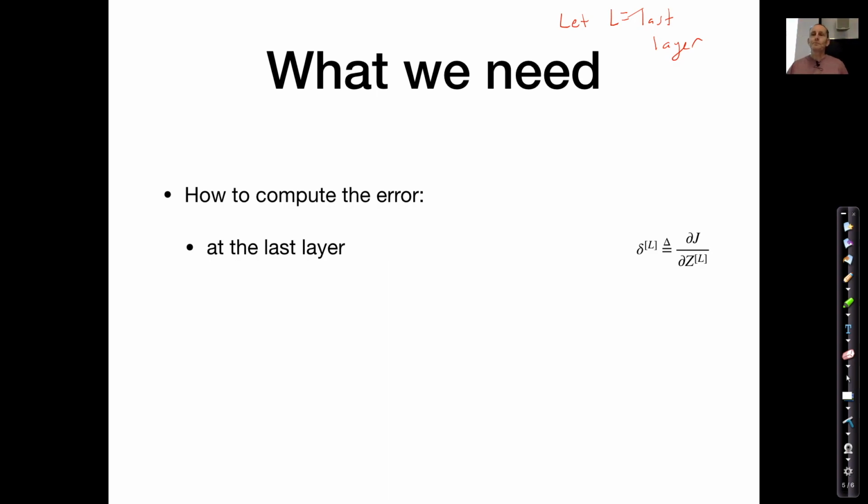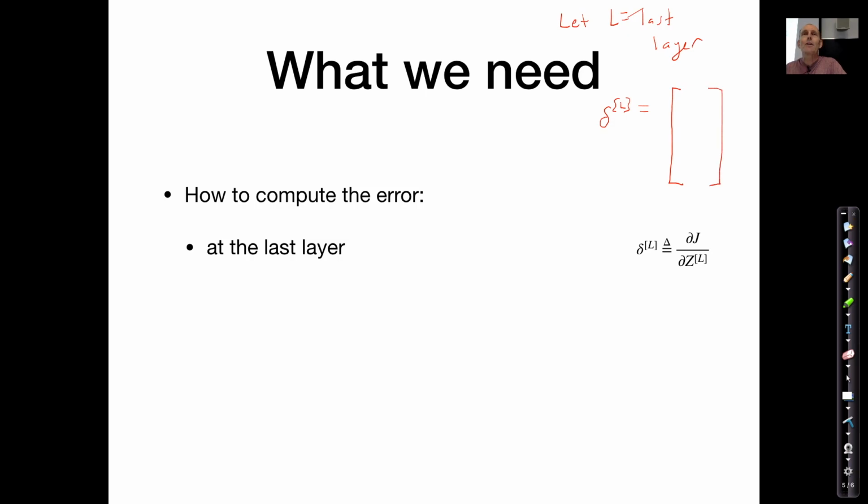So we're saying that the error at the last layer is defined to be the partial derivative of J with respect to the weighted input at the last layer. And sigma L is really a vector because we've got a bunch of errors, right?